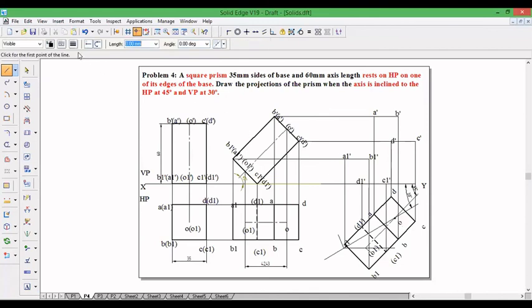Now to identify the visible edges, we have taken base is nearer to observer, so base will be visible. Join A1 dash, B1 dash, C1 dash and D1 dash, and always the outermost boundary will be visible. Join the outermost boundary by a thick line.